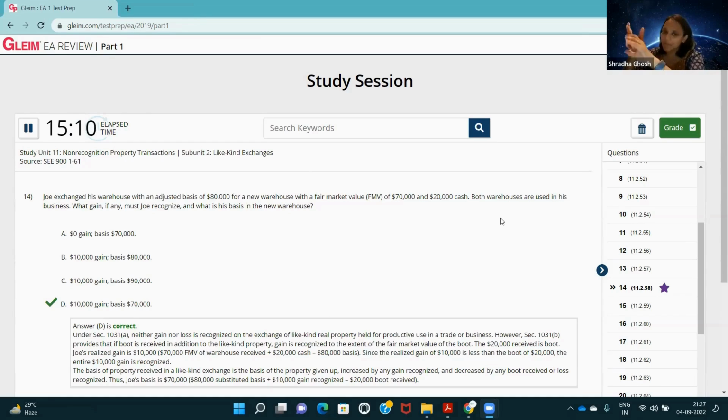Then calculate your amount realized. Calculate the adjusted basis of the asset given up. The amount realized minus the adjusted basis gives you gain realized. Find out the lower of gain realized or boot received. The lower of the two figures will be gain recognized. So if you have realized more gain and you've recognized less gain, there will be some deferred gain. The adjusted basis of the new property is the fair market value of the new property minus the gain that you're deferring plus the losses that you have been deferring. Is that clear?